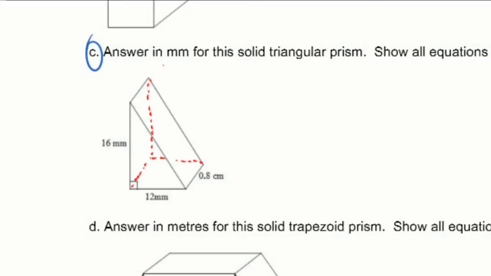All right, answer in millimeters, and you'll notice that they're trying to trick me, but I'm smarter than that now. That's 8 millimeters, multiplied by 10 to get millimeters. And what sides am I dealing with here? I have the bottom, which is a rectangle.